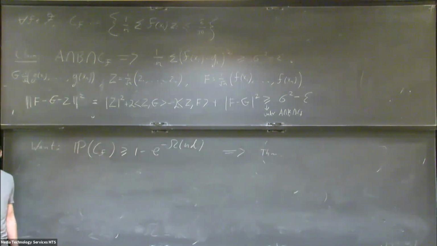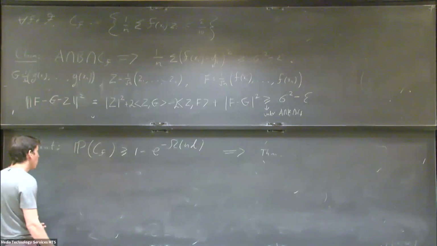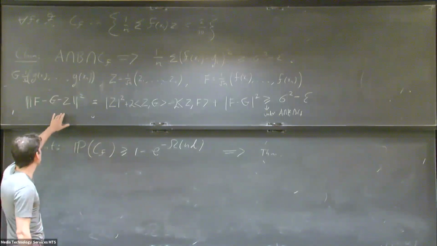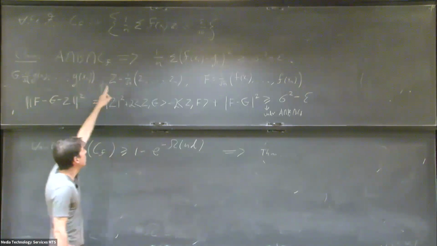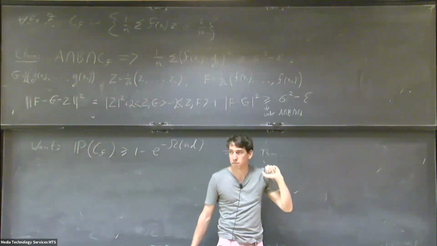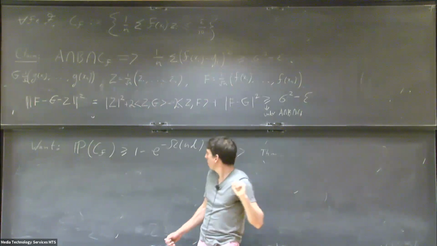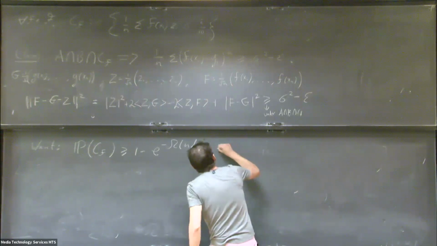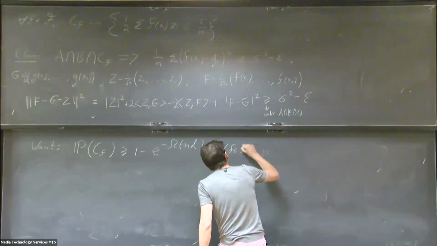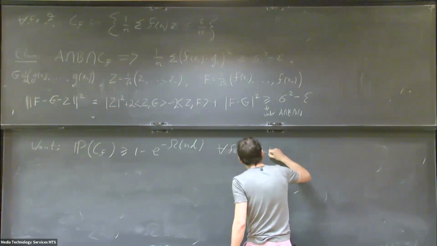Okay, so we establish that for every F, if this holds, then we cannot approximate. Let me add here, for every F in the class of 1-Lipschitz functions.